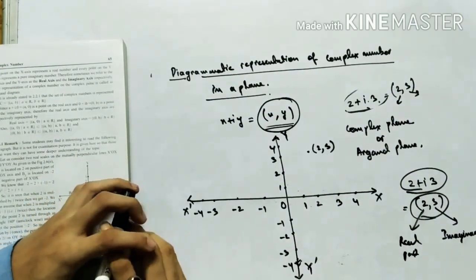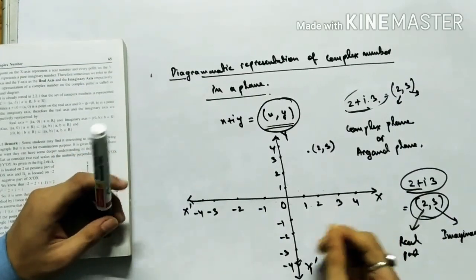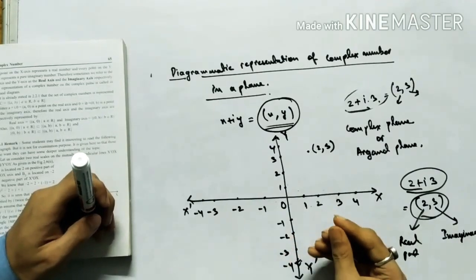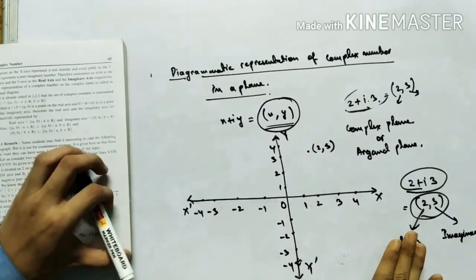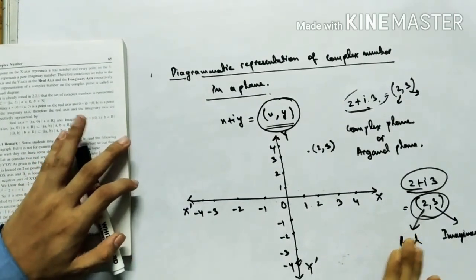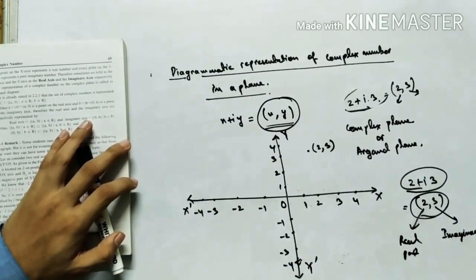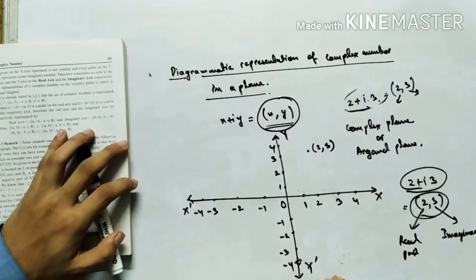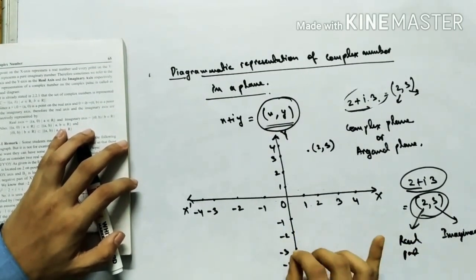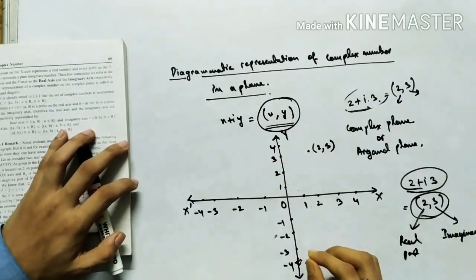Therefore in here what we have learned is that a complex number represents a point on the complex plane. Understand? So every point on the x-axis represents a real number, and every point on the y-axis represents a pure imaginary number.